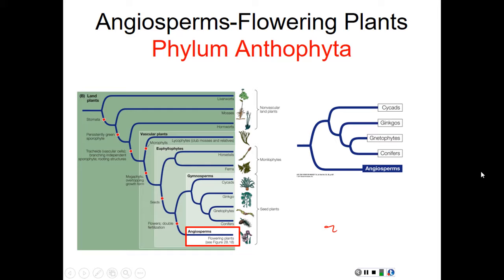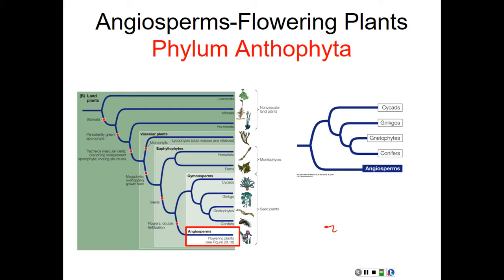Okay, so we are going to start talking about our last group of seed plants, the angiosperms, which are the flowering plants. One thing that's nice here is there's only one phylum we have to worry about, the phylum Anthophyta. The word angiosperm, that word angio, means enclosed.